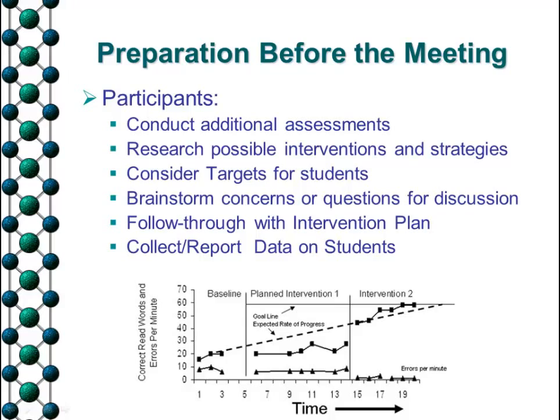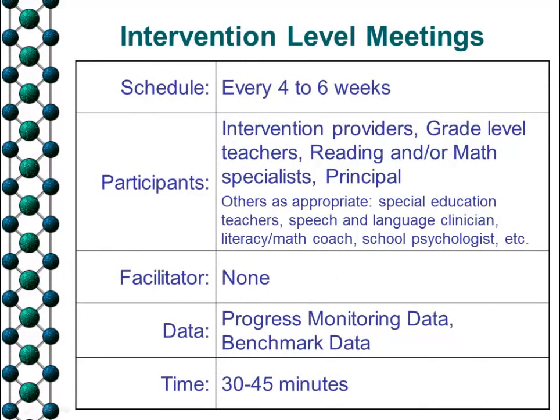And consider a goal or a target for the student. Maybe brainstorm questions or concerns you have about that student or about the skill that you're going to be instructing in. And most importantly, once you make those decisions, follow through with it. Collect the data so that you have it ready when you have those interim intervention level meetings, which, as I mentioned, are going to be about every 4 to 6 weeks.